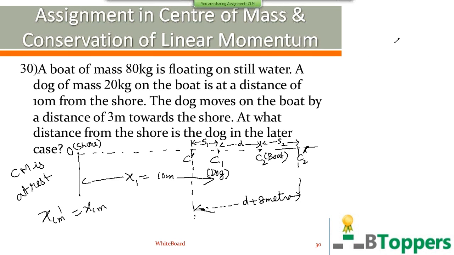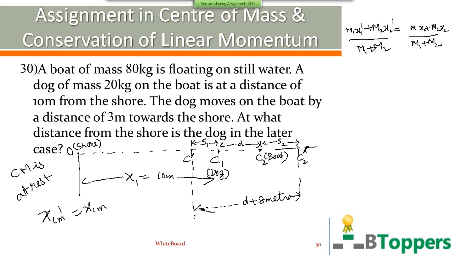XCM is the initial distance of the center of mass from the origin, which you can write as M1 x1 plus M2 x2 by M1 plus M2. XCM dash is the new distance of the center of mass from the origin. You can write M1 x1 dash plus M2 x2 dash by M1 plus M2.